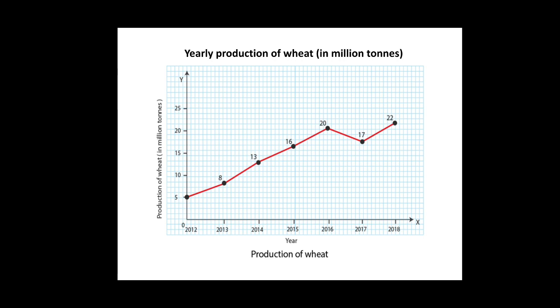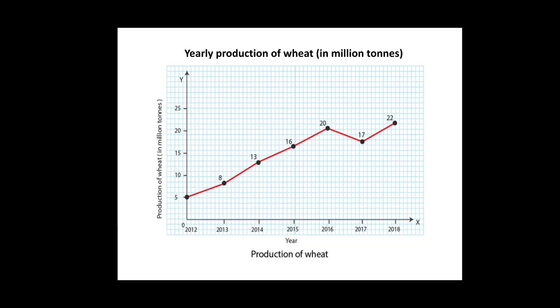Indicate the independent variable, which is time period in terms of years like 2012, 2013 and so on, on the x-axis, and take the production of wheat, that is the dependent variable, on the y-axis.